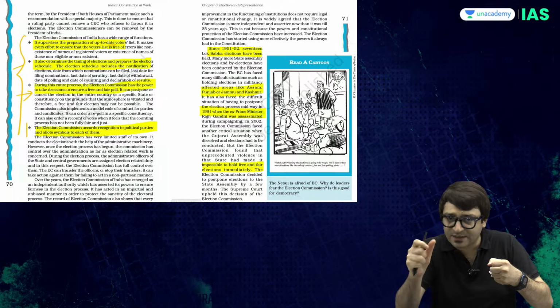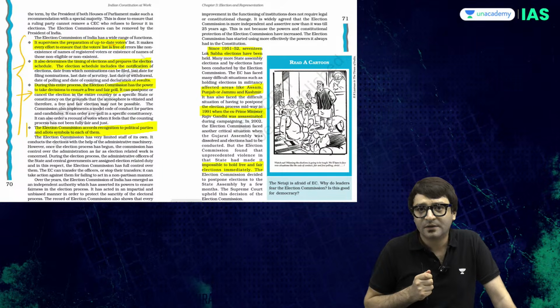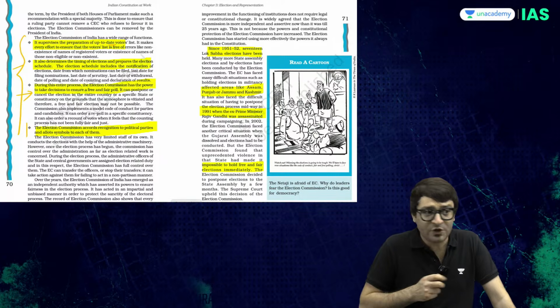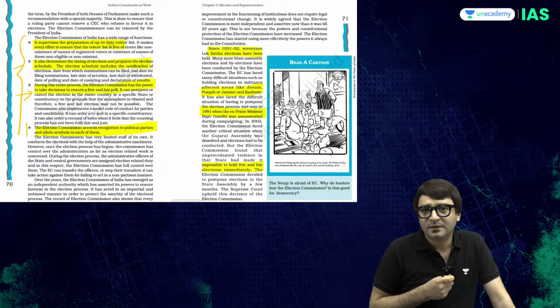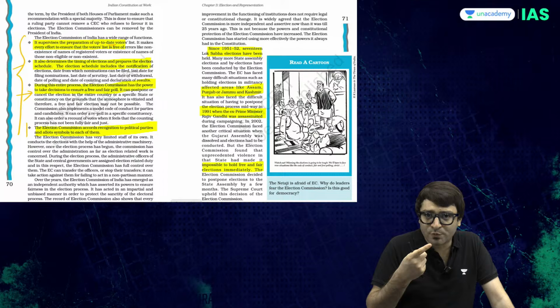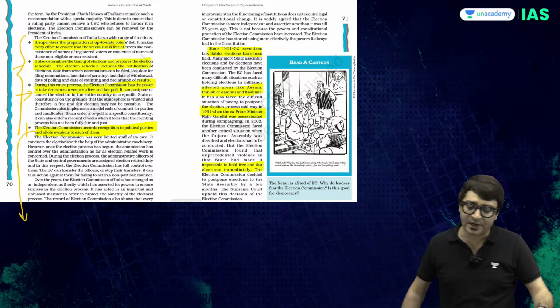So we should get this symbol, we should get the 2-leaf symbol of AIA-DMK. We should get the clock symbol, we should get this arrow symbol. And in case there is a dispute on the symbol, that also is resolved by the Election Commission of India.